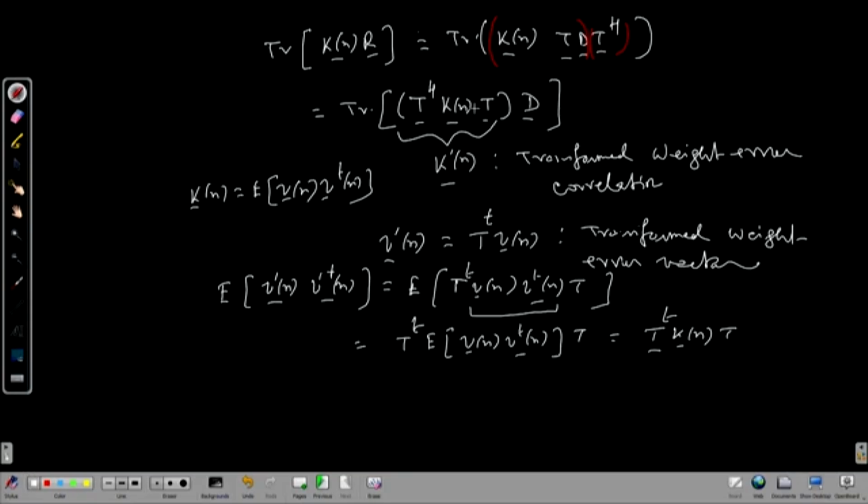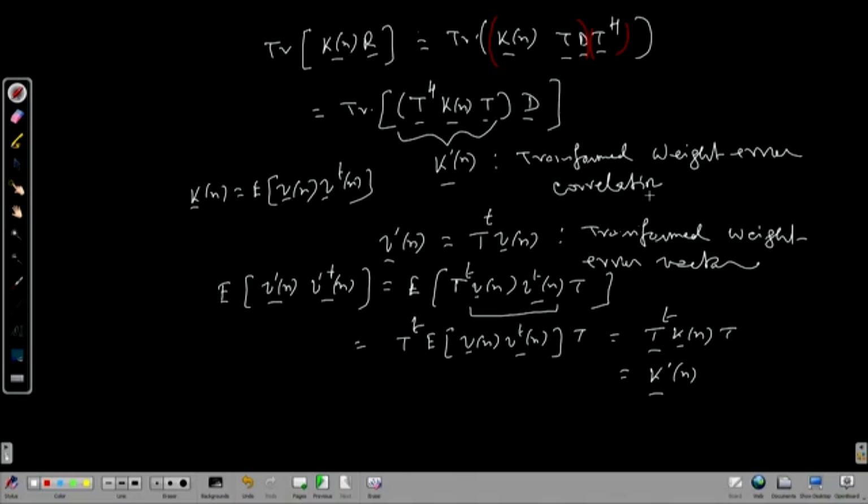So, T transpose K n T, which is K prime n. Okay. So, what does it mean? This K prime n, which was T transpose K n T, I call K prime n and name this transform weight error correlation matrix.